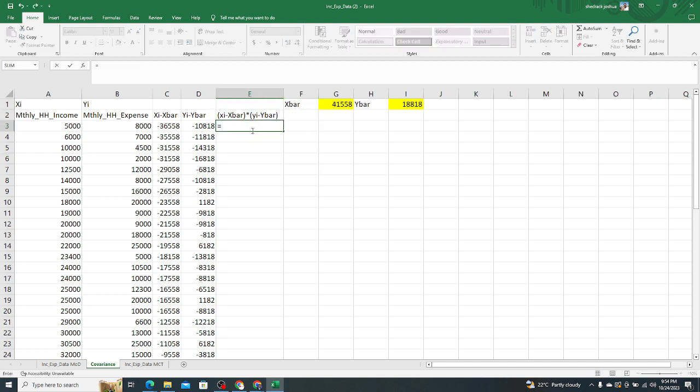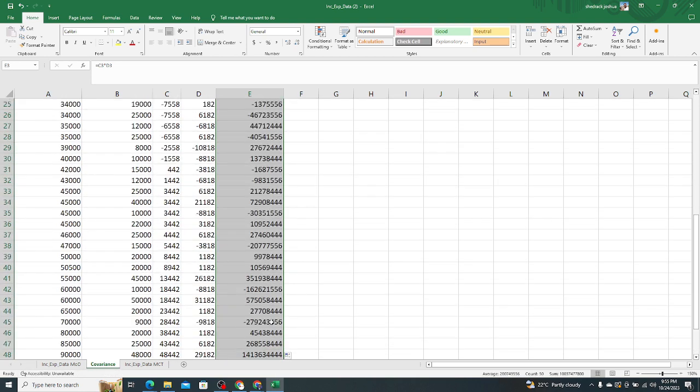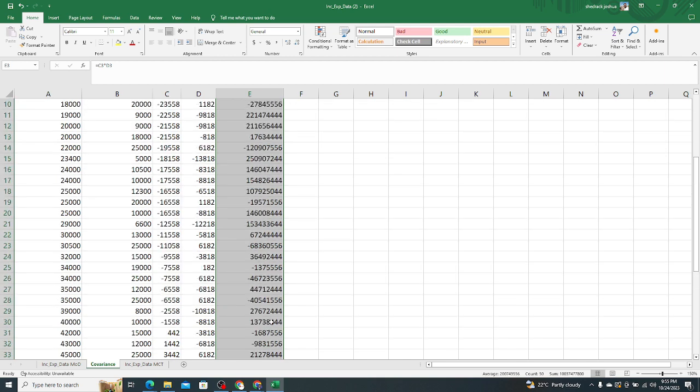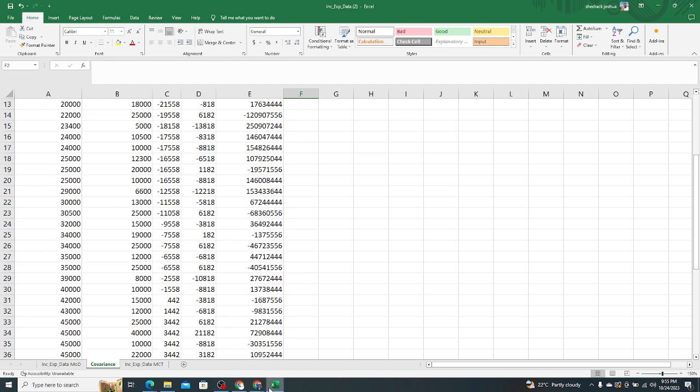So basically it will be this multiplied by this. And whenever we have some negatives, they will cancel out: a negative multiplied by a negative gives a positive. Okay, all right.